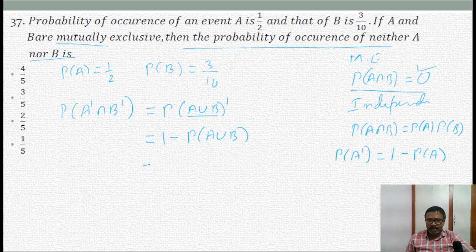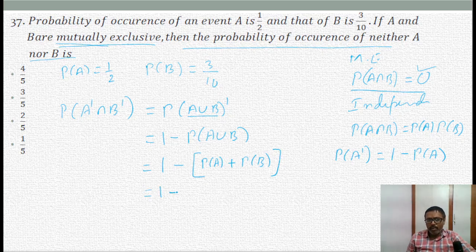So we got everything, friends. What is probability of A union B for the given problem? Because these two events are mutually exclusive, we'll get 1 minus of probability of A plus probability of B. Because probability of A intersection B is 0.